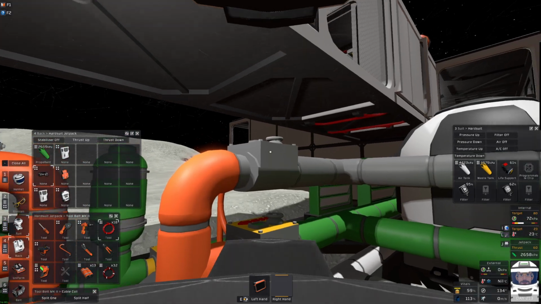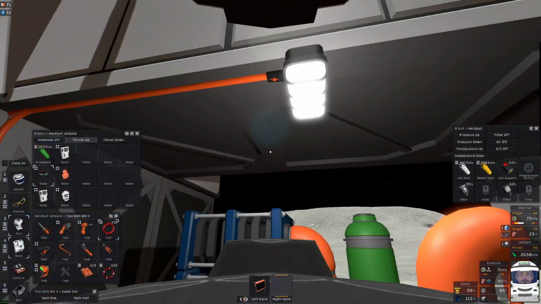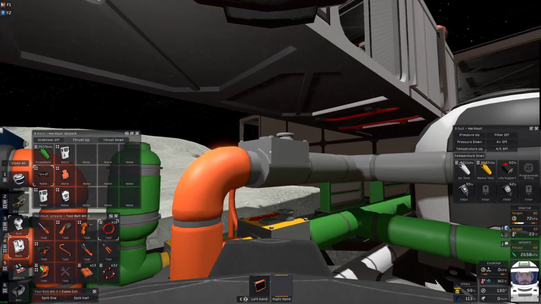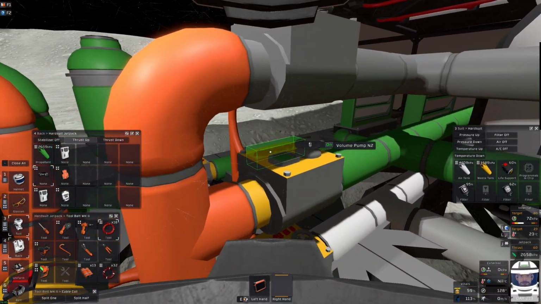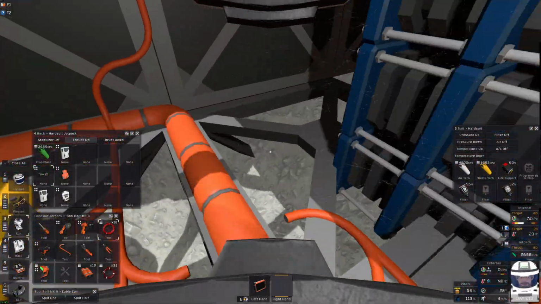And then if any gas is below its desired partial pressure, calculated from the total pressure and the ratio that I input on the control panel, we turn on these pumps and pump back into the atmosphere.